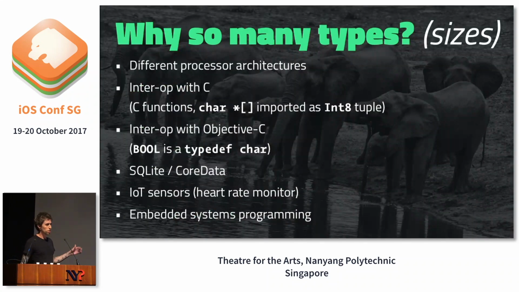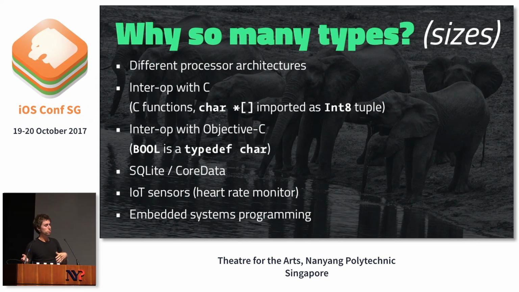And so you may be wondering, why do we even have all these types? Why can't we just have Int and Double and be done with it? Well, the immediate answer is that there are different processor architectures. This has changed over time. Now we have mostly 64-bit devices, still some 32-bit devices lying around. Specifically with Swift, we still have to interop with C APIs.